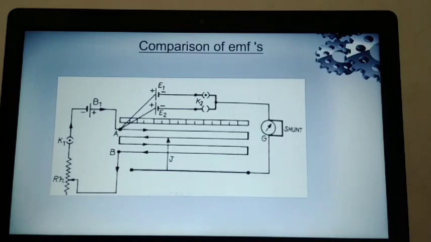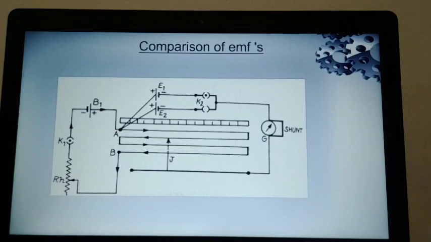Here in the secondary circuit you can have two cells with EMF E1 and E2. Both are connected to the same galvanometer G with different keys K2. K2 is a two-way key that you will find in your lab. And you can find the point J where the potentials provided by the primary and secondary circuits balance.